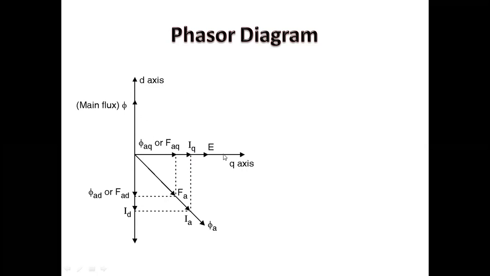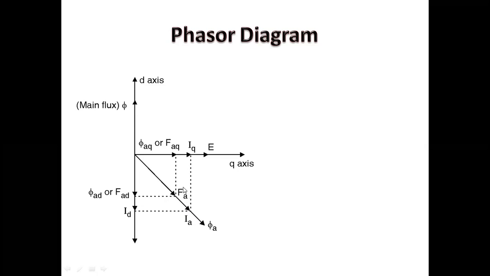Considering lagging power factor, we have plotted IA, which lags E by some angle. It is called as power factor angle. It is not marked here, phi. So IA lags E by some angle phi. IA produces its own flux, armature flux phi A. These two are in phase. And armature MMF will be obviously in phase with IA. So it is denoted by FA.